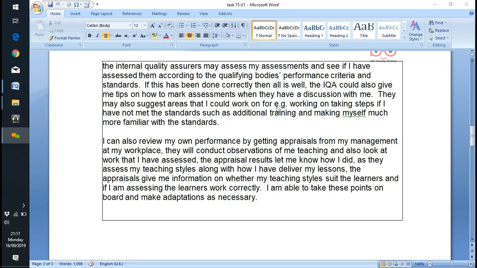It also suggests areas that I could work on. For example, working on taking steps if I have not met the standards, such as additional training and making myself much more familiar. And I could have put ensuring I am familiar with the standards instead.